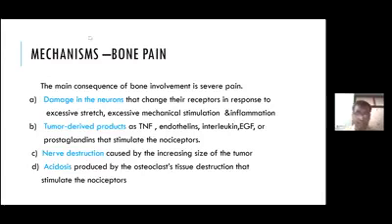They release tumor-derived factors such as tumor necrosis factors, endothelins, and growth factors that stimulate the nociceptors. Apart from these, acidosis produced by the osteoclasts also stimulates the nociceptors, and nerve destruction is caused by the increasing size of the tumor. So basically there are two mechanisms. First, destruction or stimulation of the neurons, and second, activation or stimulation of the nociceptors.